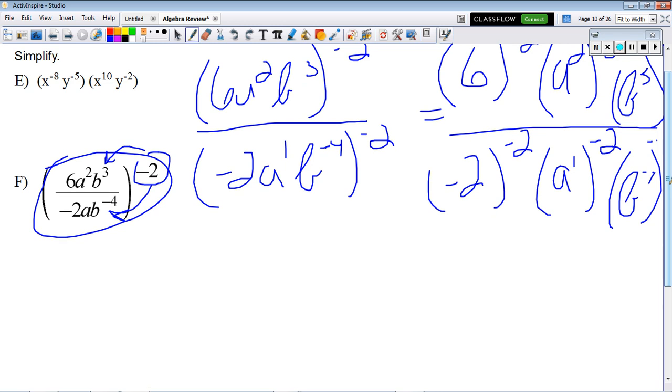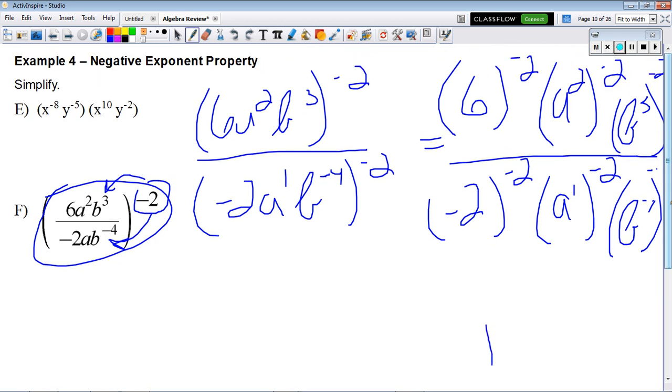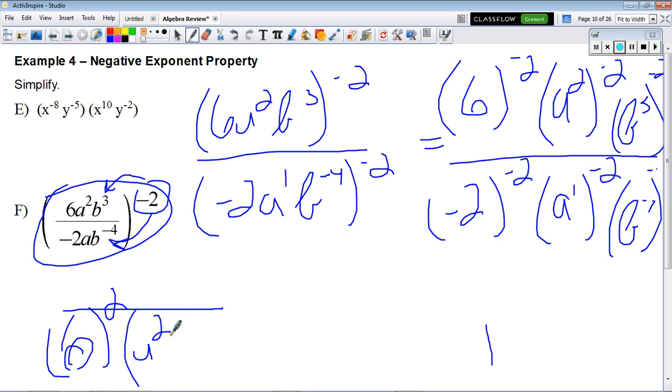So all these negative powers, I want to basically take them all and flip them. All of these negative powers on the top, I'm going to put them on the bottom and make them positive. So this ends up being 6 squared over a squared squared, and then b cubed squared.